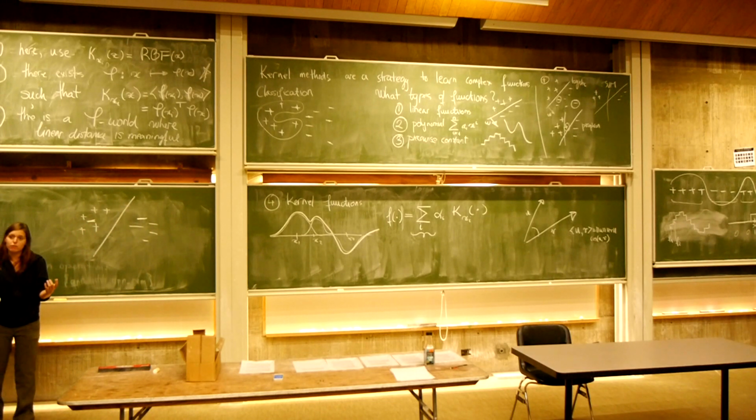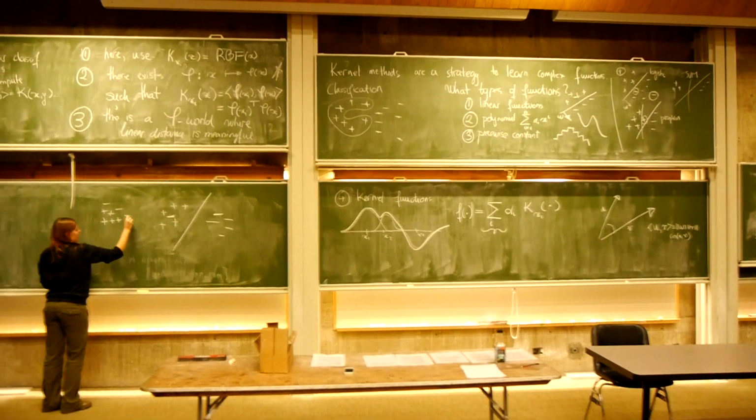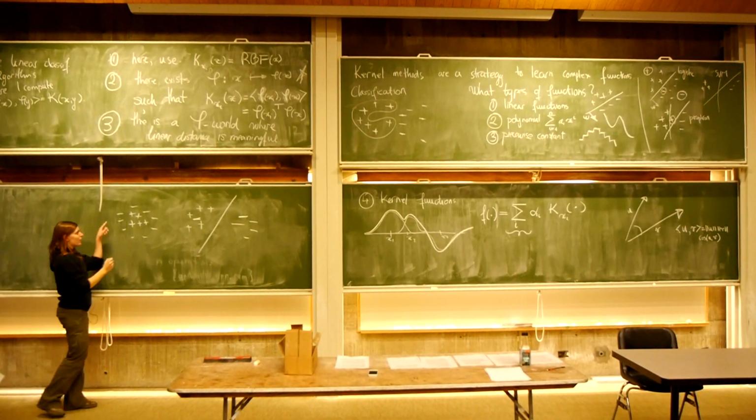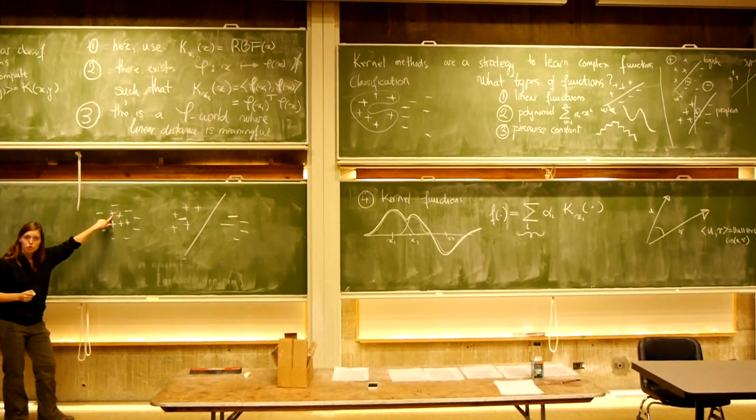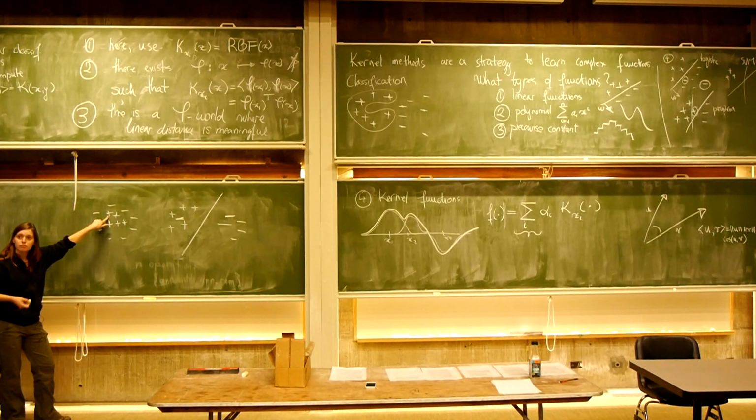Because if they were like this, there would be too many minuses and pluses that are close to each other for me to have said that that's a meaningful similarity. Does that make sense?